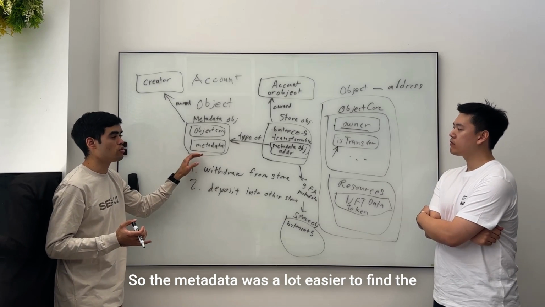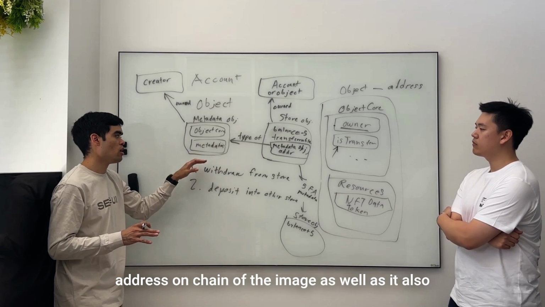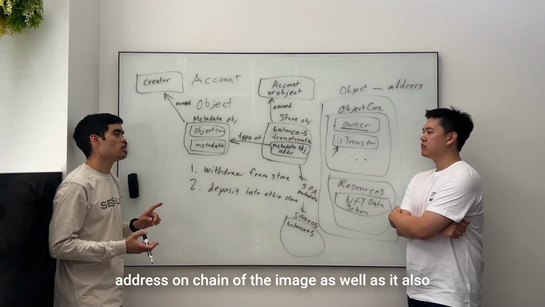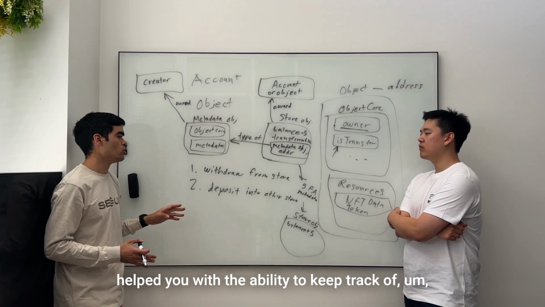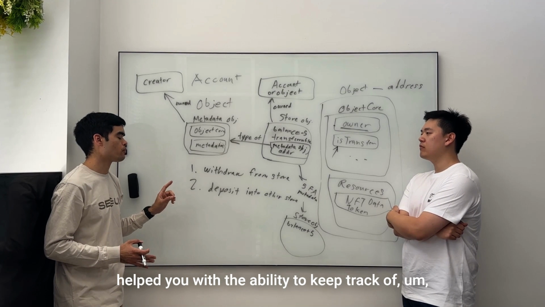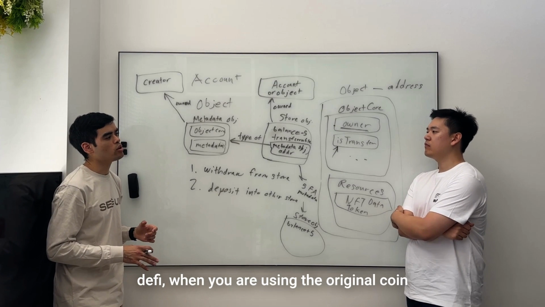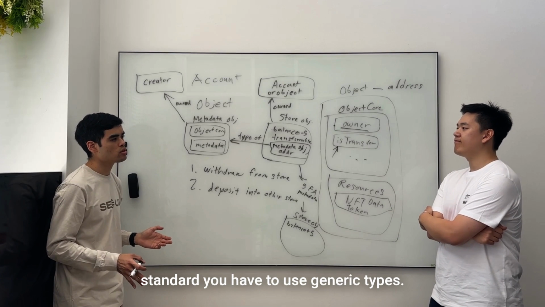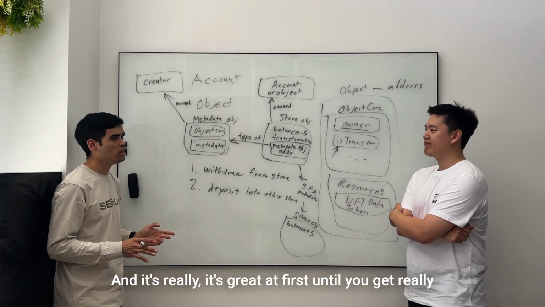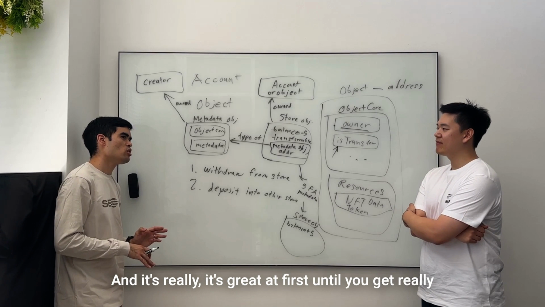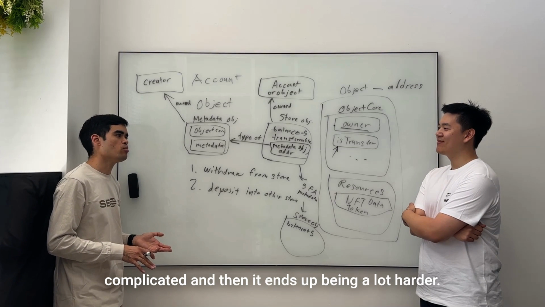So the metadata was a lot easier to find, the address on chain of the image, as well as it also helped when you start trying to do some DeFi. When you're using the original coin standard, you have to use generic types. And it's great at first, until you get really complicated, and then it ends up being a lot harder.